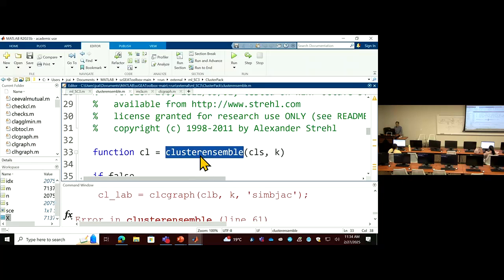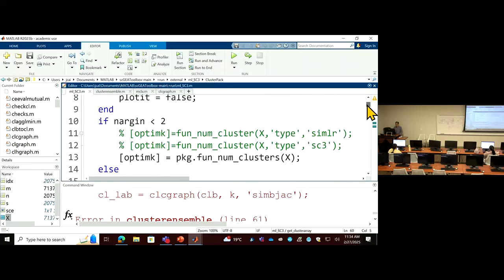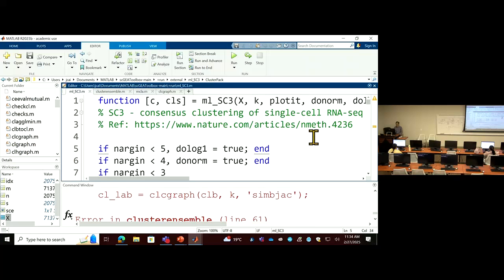So this happened inside one of the sub-functions which assembles the clusters. I think I can show the source code to let you know each step. We have a bug in the last step, but the previous steps are okay.